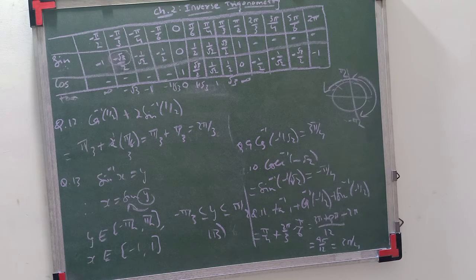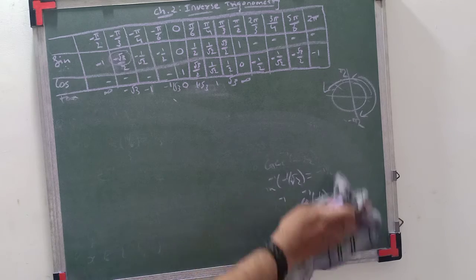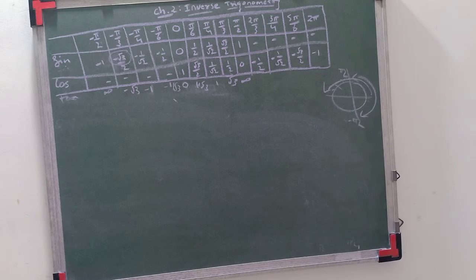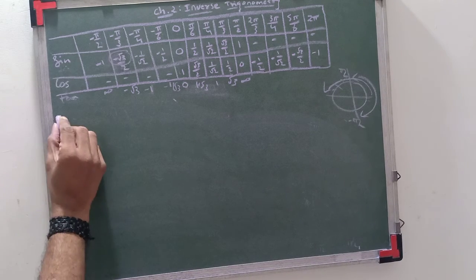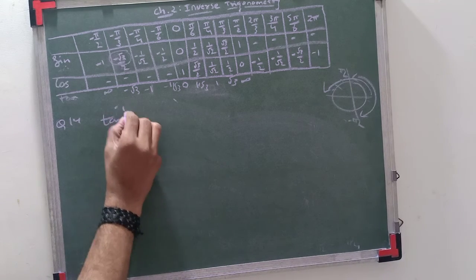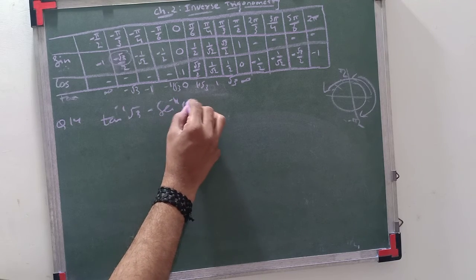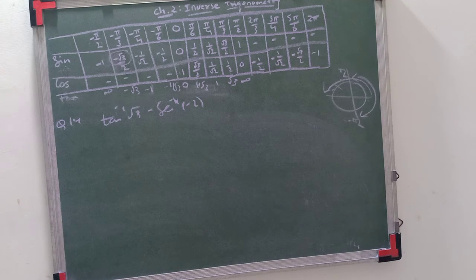Let us see. Yes. Now question number 14. Tan inverse of root 3 minus sec inverse of minus 2 is equal to dash. This is again an MCQ. Let us see which option we are getting.